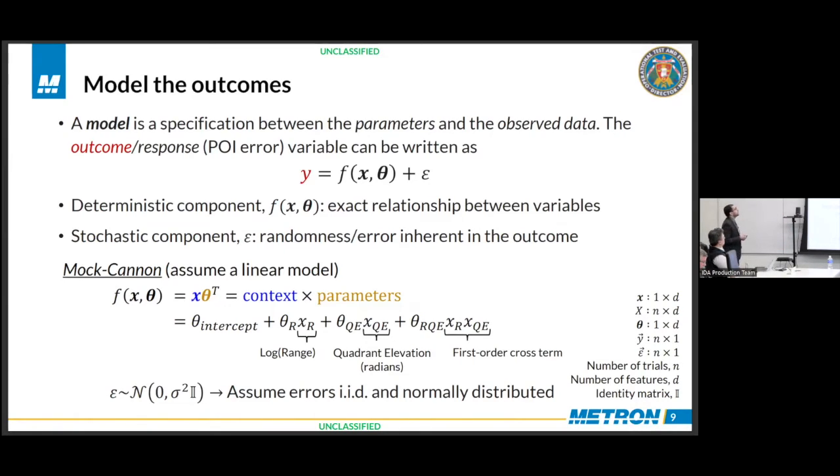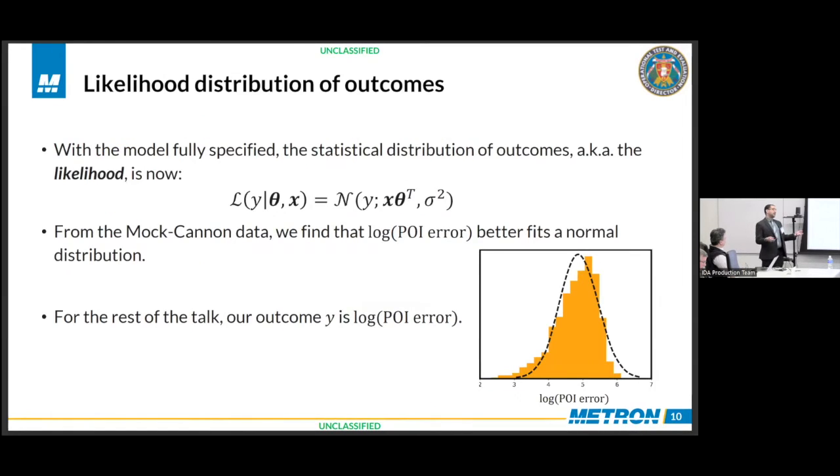Okay, so now that the model is fully specified, we can define the likelihood of getting a particular outcome given a particular parameter, theta, or coefficients theta, and context x. And so that will be a normal distribution for us, where the mean is simply that deterministic component, and the variance is that variance from the stochastic component.